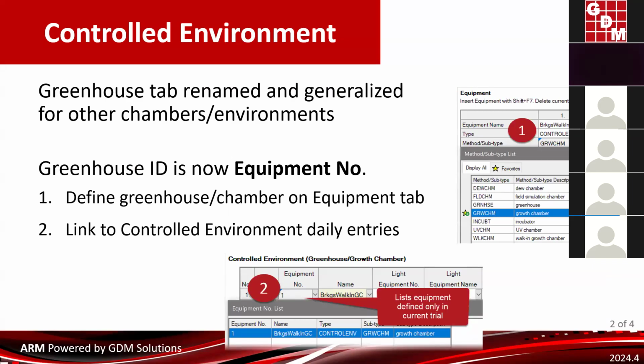So we'll start with the overall controlled environment designation. In the equipment tab is where you would start. I want to define that growth chamber. I'm defining my equipment, so all the details about that growth chamber, I can fill in on the equipment tab.